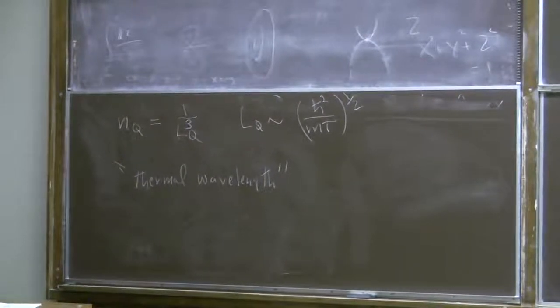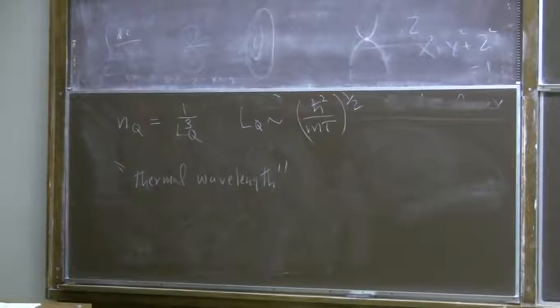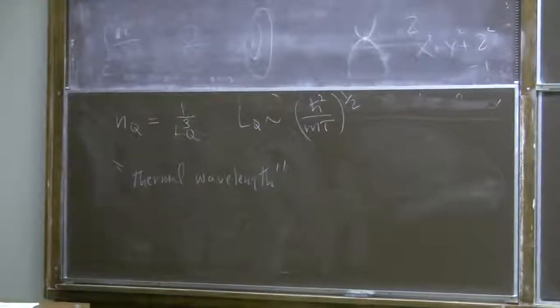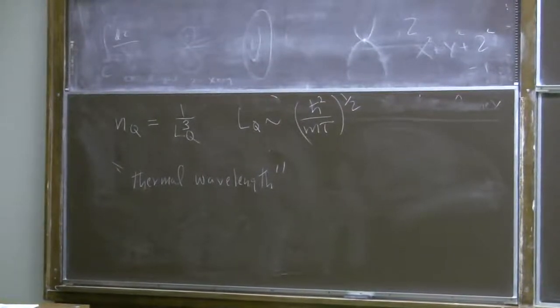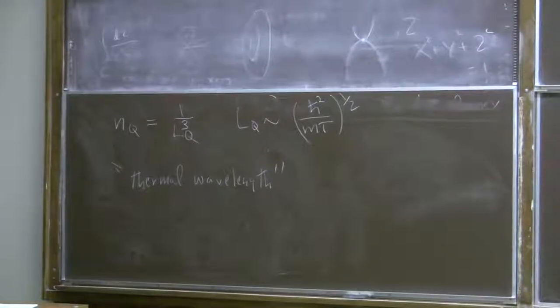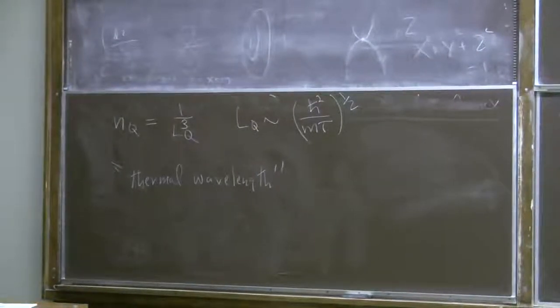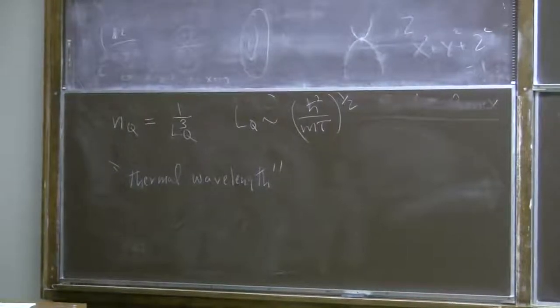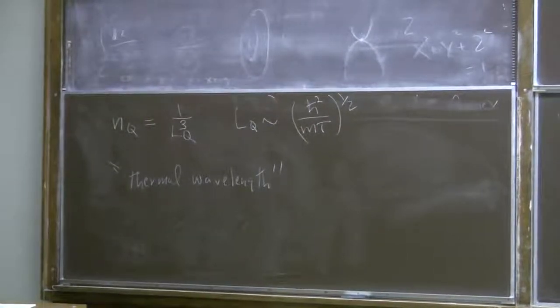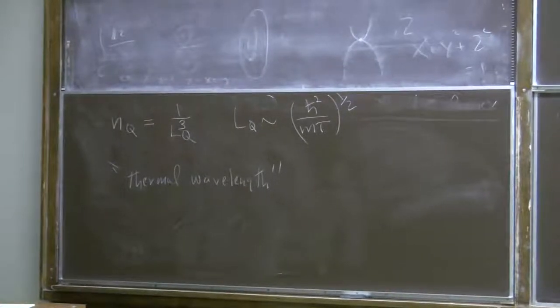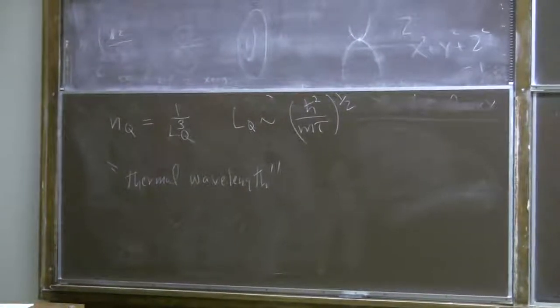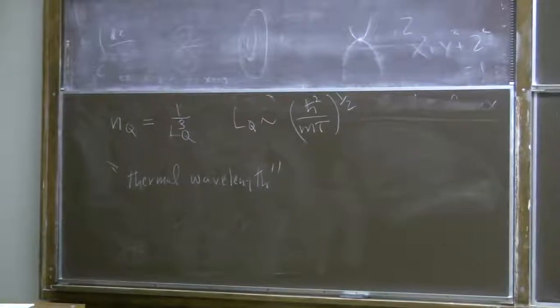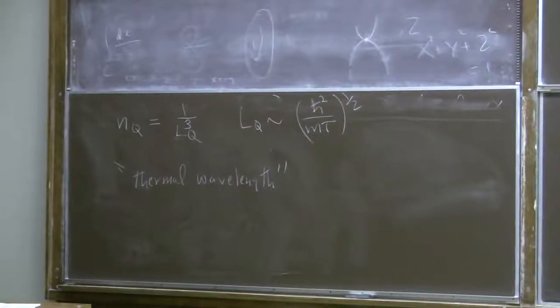I've just erased this stuff, but we'll be able to use it to compute properties of the single particle in the box, like the free energy, from which we can get things like pressure and entropy. But really, I'm not so interested in a single particle in the box. I'm really more interested in n particles in the box. So I wrote Z sub 1 to remind you, so far just one particle. We'll consider more particles in a minute.